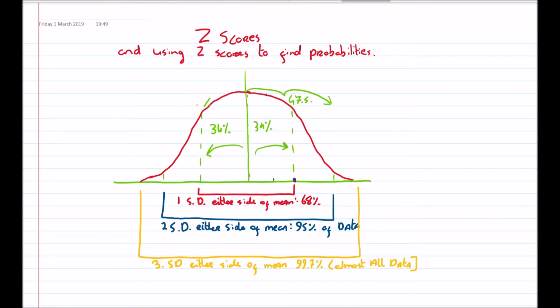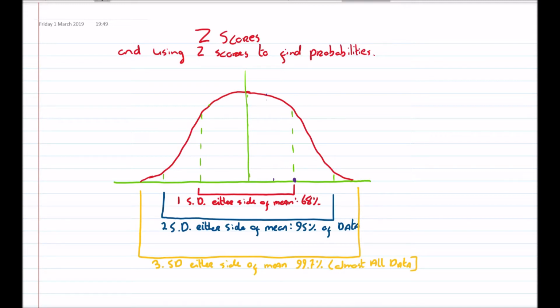So z-scores are, for one, more precise than the empirical rule. Okay? And two, the empirical rule will only allow us to find whole standard deviations. So as we see, 68% lie within one standard deviation either side of the mean. But what about 1.5 standard deviations either side of the mean?